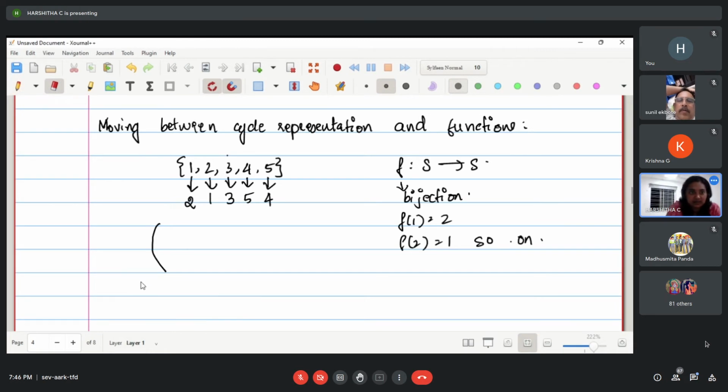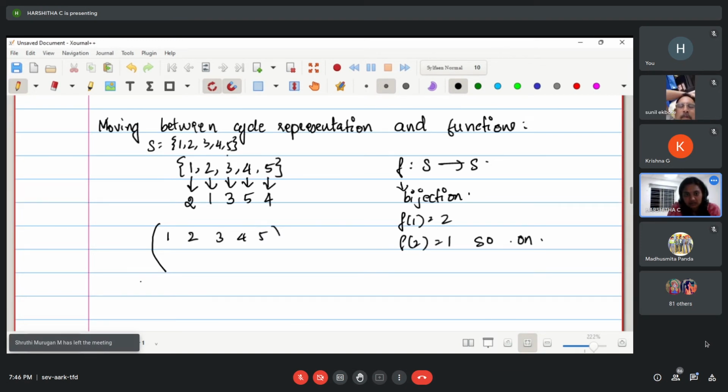This is our S. Whatever I have drawn here, 1 goes to 2, 2 goes to 1. So we're just writing it like this. This is just an easier way of representing the function. This exactly means what I explained previously: f of 1 is 2, f of 2 is 1, f of 3 is 3, f of 4 is 5, and f of 5 is 4.